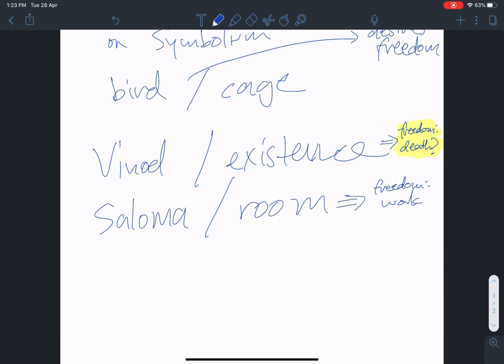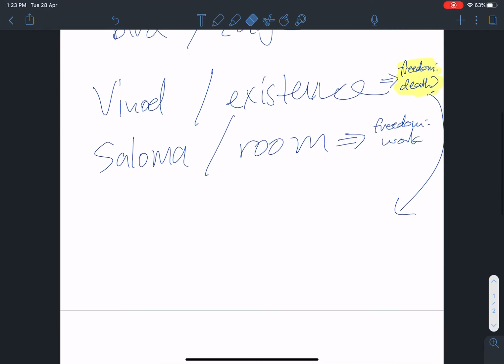From this connection that I made, how does it increase my understanding of Vinod? Maybe I can say Vinod is free. At the end of the play, it is not all doom and gloom. Yes, he died, which is tragic, but is there also a sense that now he is free?